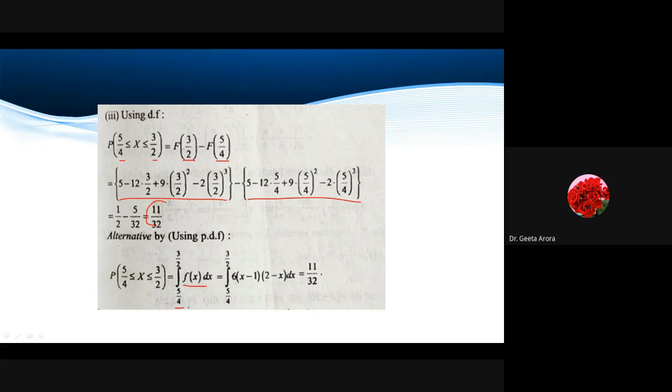Here also we are doing actually the same thing. It is just a formula we have written in the properties that we have learned, or you can go directly from this, and it will also give you the same answer. The complexity is the same, so it is up to you, both are fine, correct. So here we have calculated the probability that a random variable capital X takes a value from 5 by 4 to 3 by 2. Right?